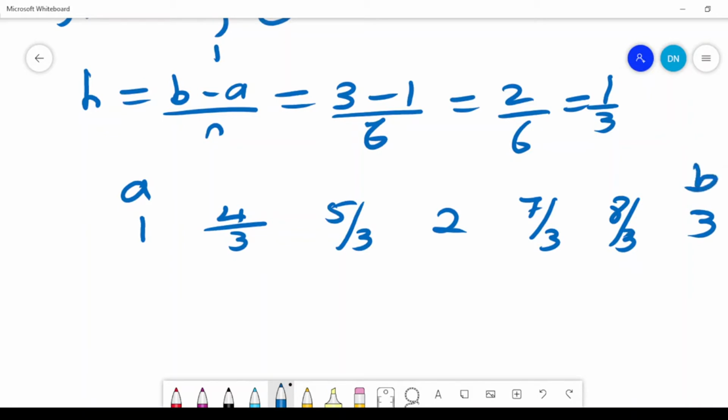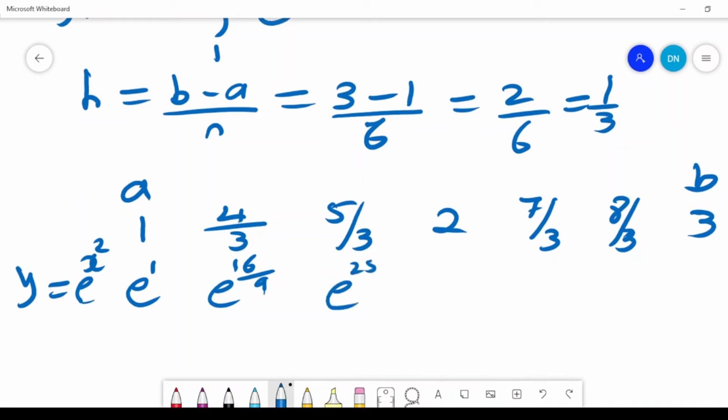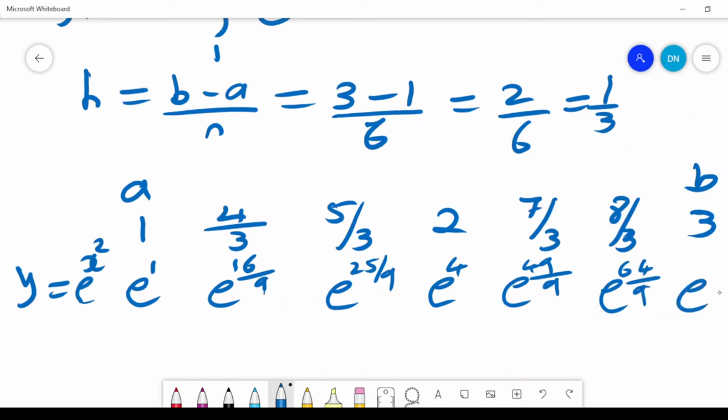And then we have our y. Y is equal to e to the x squared. So this is e raised to power 1, e raised to power 16 over 9, e raised to power 25 over 9, e raised to power 4, e raised to power 49 over 9, e raised to power 64 over 9, and this is e raised to power 9 because it is x squared.